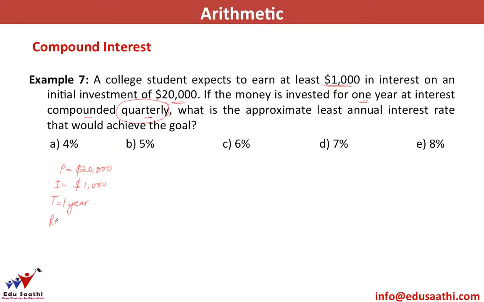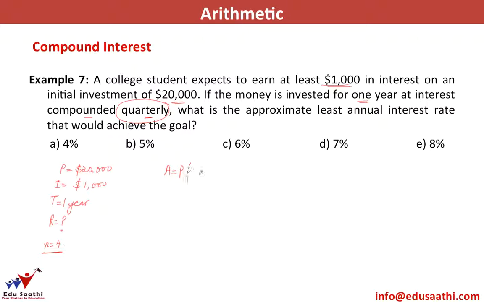So I have to find out the rate that is there. And compounding quarterly means there are 4 quarters in a year. So compounding would have happened 4 times. Now if you want to go ahead with the formula, the formula for compound interest, you don't have a formula, you have a formula for amount.